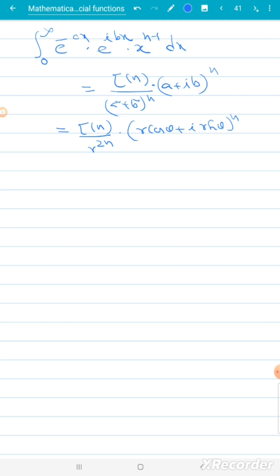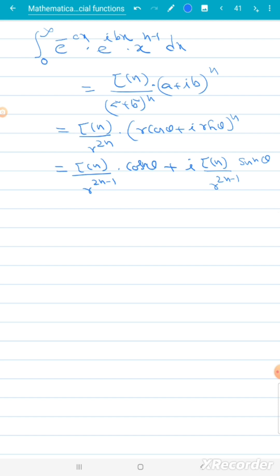So this is equal to gamma of n by r to the power of 2n minus n into cos theta plus I sin theta whole to the power of n, applying De Moivre's theorem, this is cos n theta plus I sin n theta.